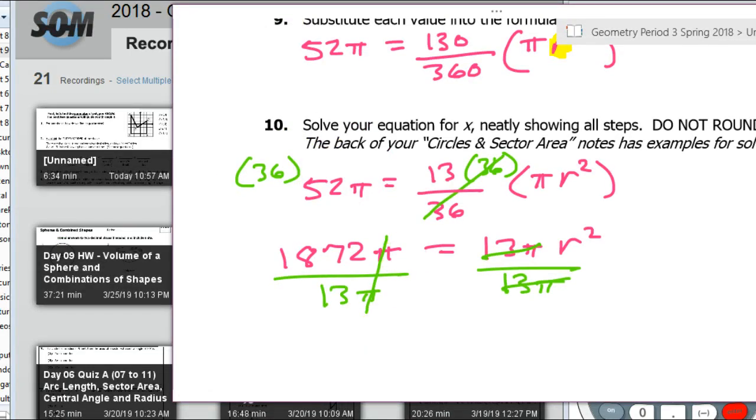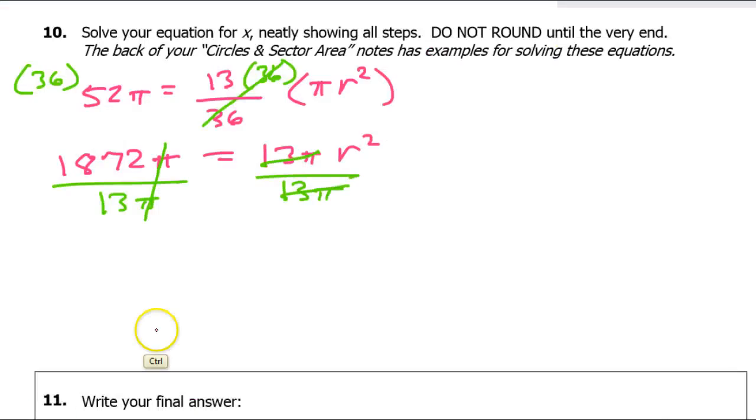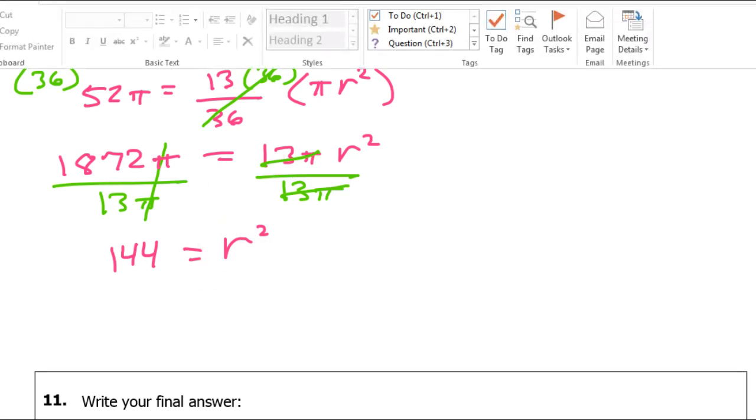All right, one more time. What do we get when we divide 1,872 by 13? 144. Okay, so I have 144. The pi's are gone. Notice that is equal to r squared. How do I unsquare this? Square root.